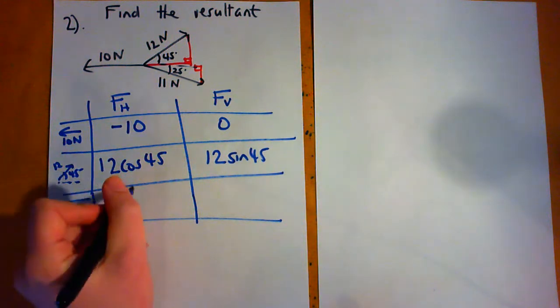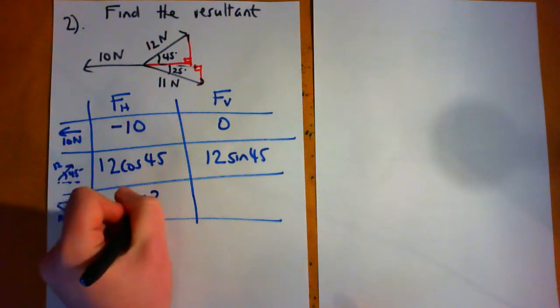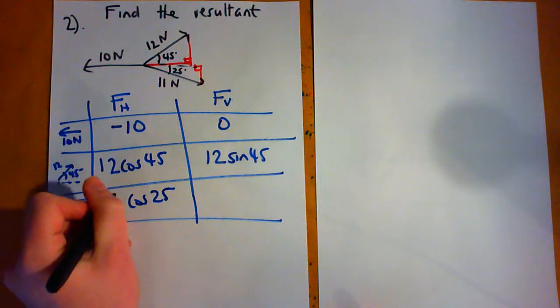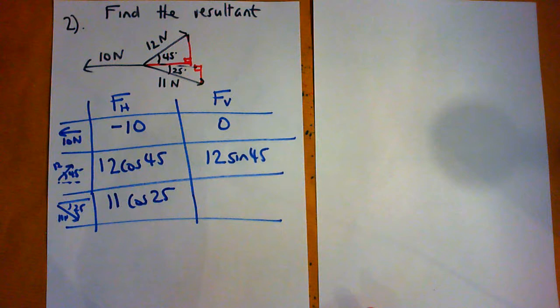That would be cosine of 25, and it's multiplied by 11, the size of the force. Horizontally, it's going to be positive, since it's pointing to the right.